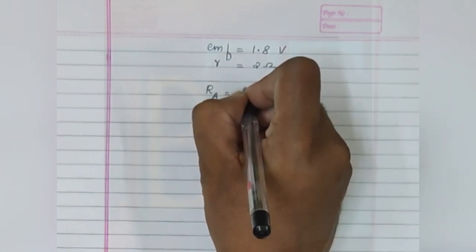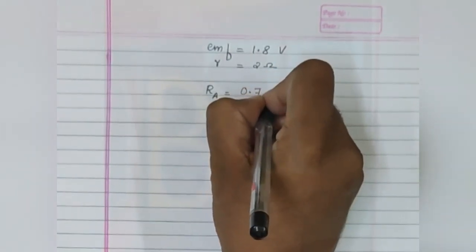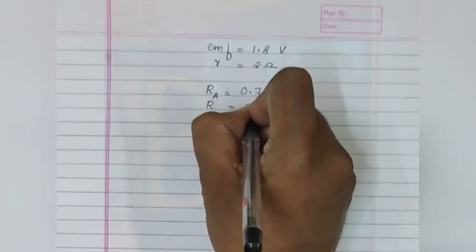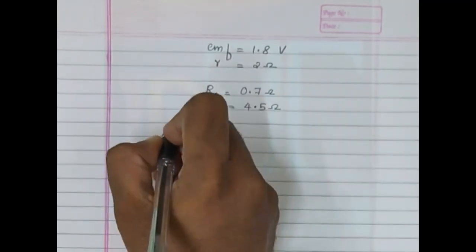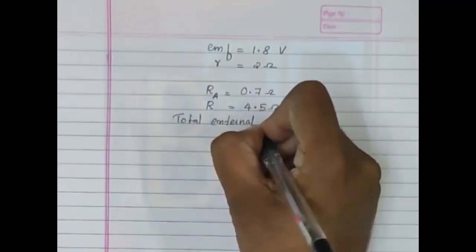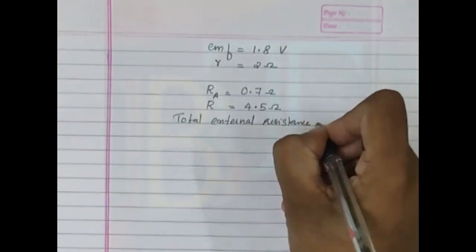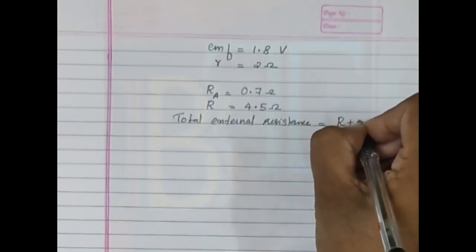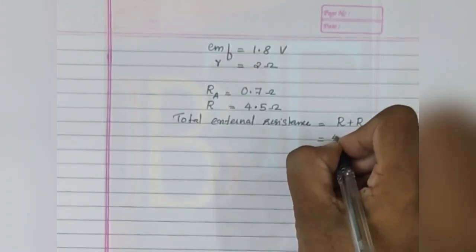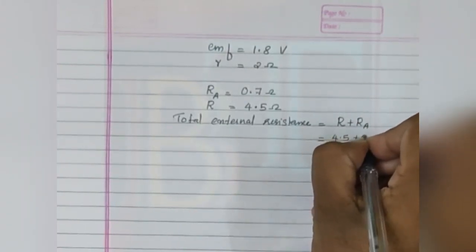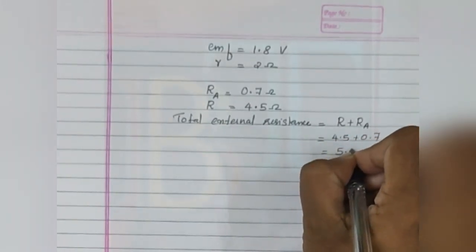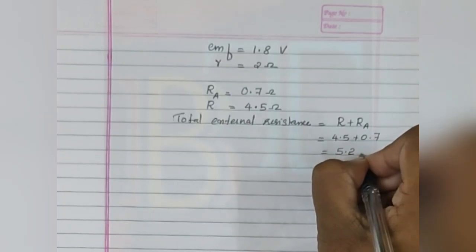Hence, resistance of the ammeter is 0.7 ohm and the external resistor is 4.5 ohm. Hence, the total external resistance is equal to R plus RA, which is equal to 4.5 plus 0.7, and the answer is 5.2 ohm.